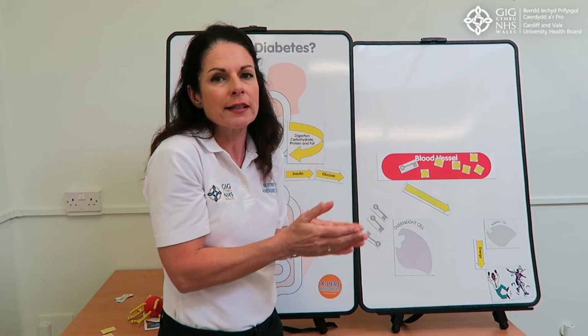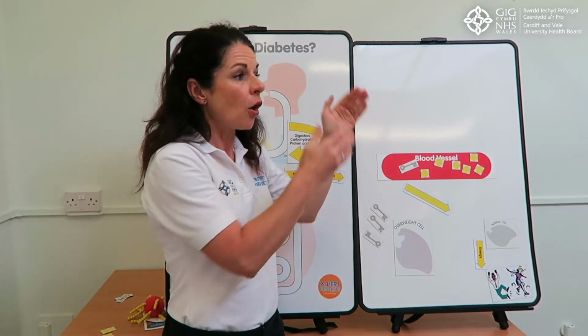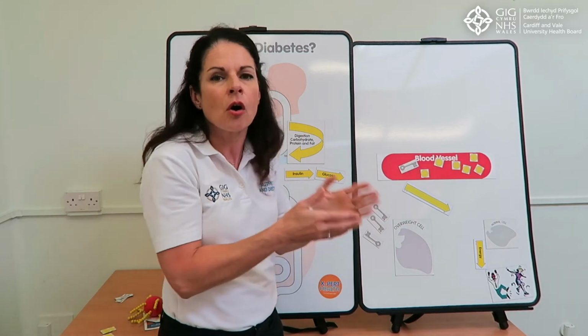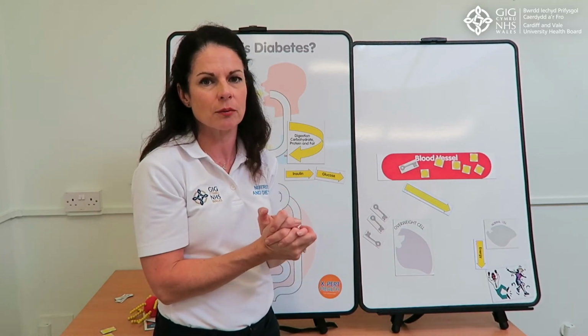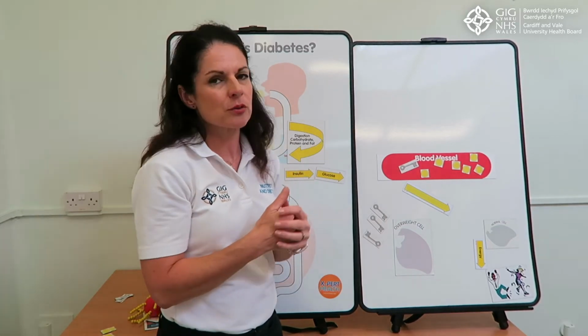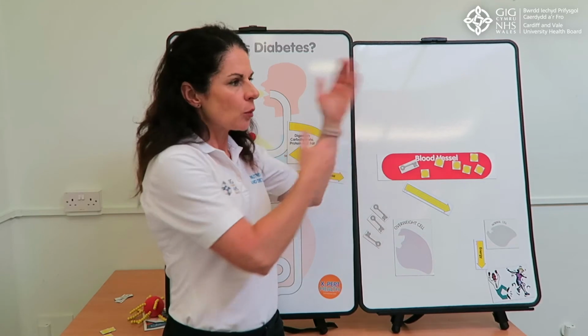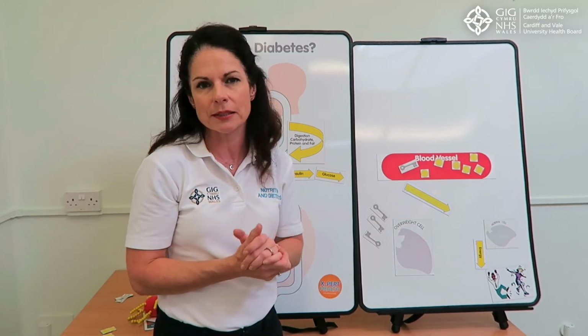So if somebody's already got type 2 diabetes, you could put it into the pre-diabetes range or even into the non-diabetes range, that would be below 42. That would be our wish and hope for everybody, that through some lifestyle changes, we can help to reduce the risk of developing diabetes.